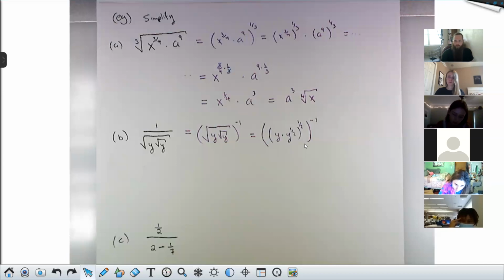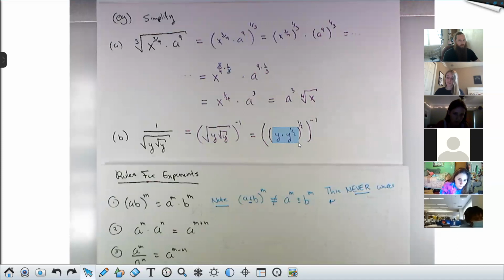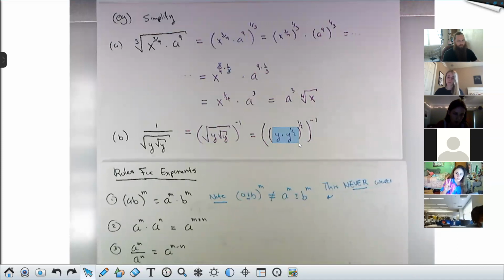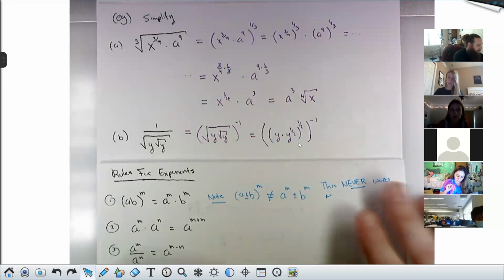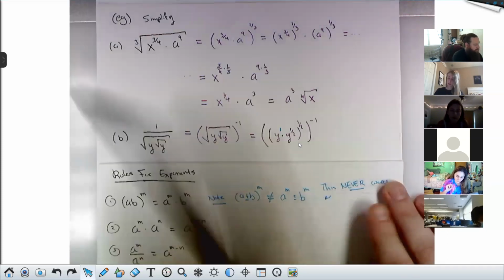Now, following our order of operations, we need to look inside those parentheses. This y times y to the 1/2. What can I do with that? Which one of my rules can I use here? Rule 2. Very good. Y is the same as y to the 1.